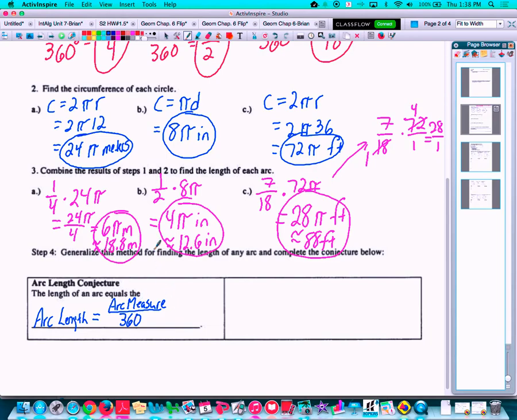So that was our fraction, and then we multiplied it times the circumference, because we're interested in what fraction of the circumference. So circumference, at least in its diameter form, that would be pi times diameter. So basically, we're taking the fraction of the circle that we're talking about, and we're multiplying it by the circumference. So the fraction of the circumference is really what we are looking at here.